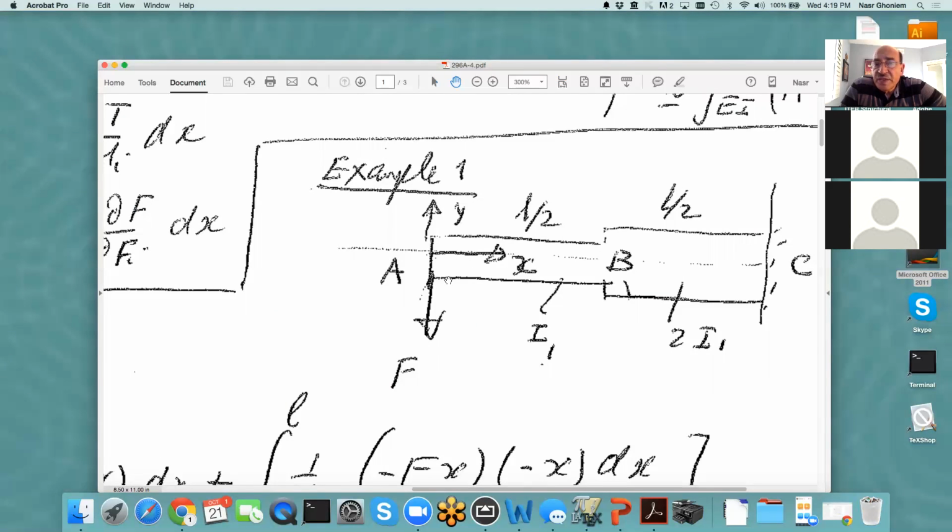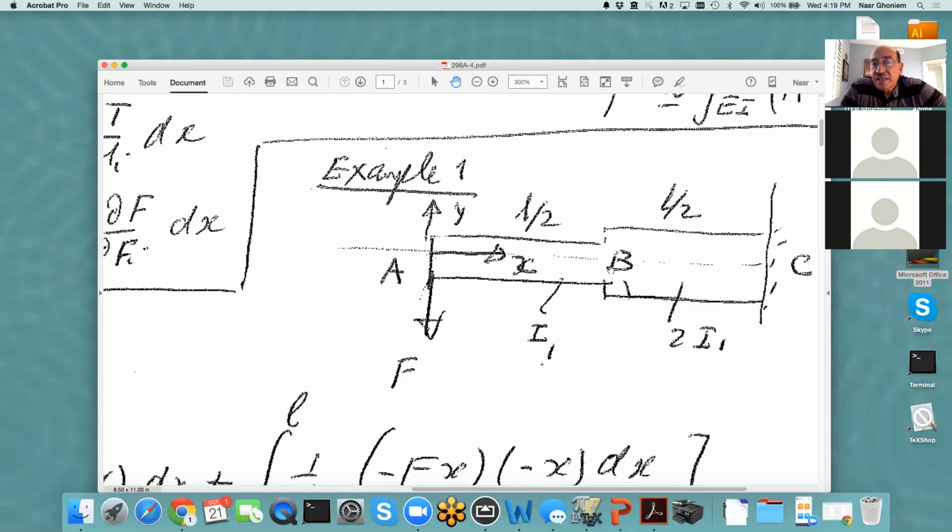So the moment equation would be F, and F is negative, so minus F, and it is linear function, so Fx. But now I'm going to use the triangular brackets, indicating that it is a delta function at point x equals 0. And then I have another moment here, minus Q, times another delta function, and the delta function would be x minus the position here.